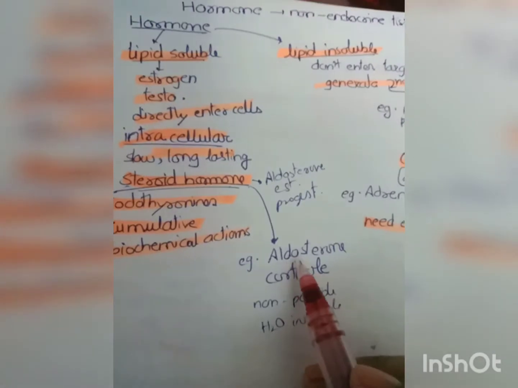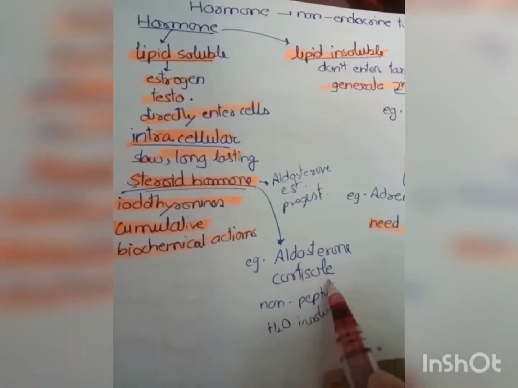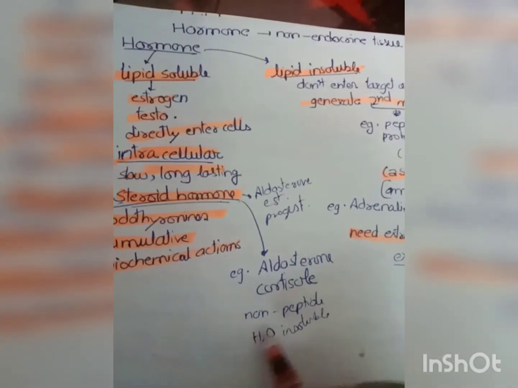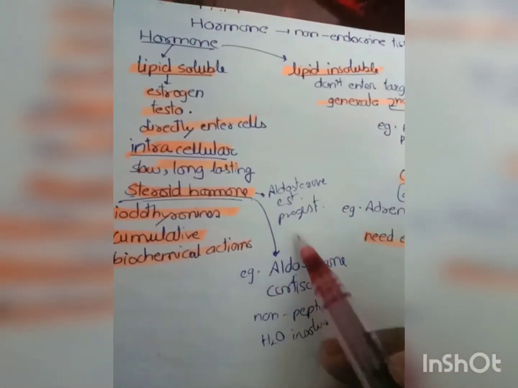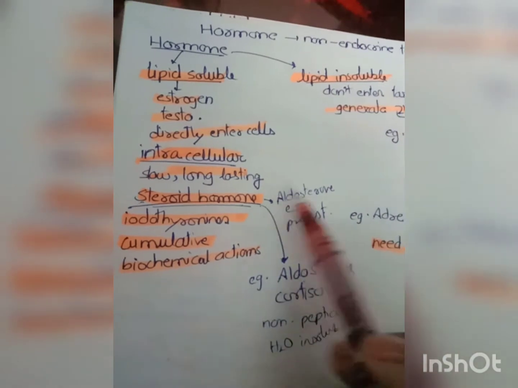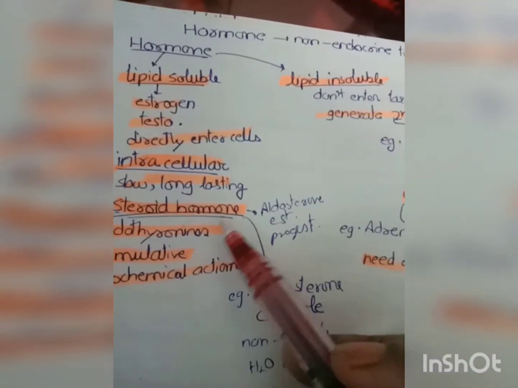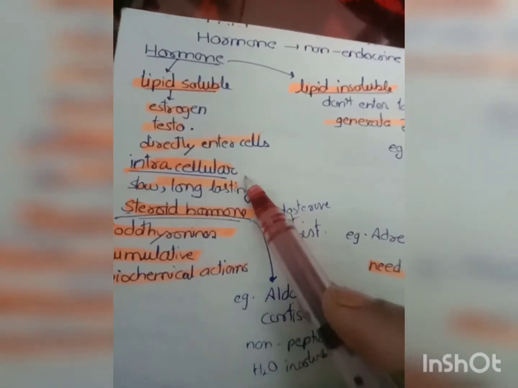Other examples are aldosterone, cortisol, and all non-peptide hormones, and they are all water insoluble. Estrogen and progesterone are also examples of this. They do not need any messenger to enter inside the cell.